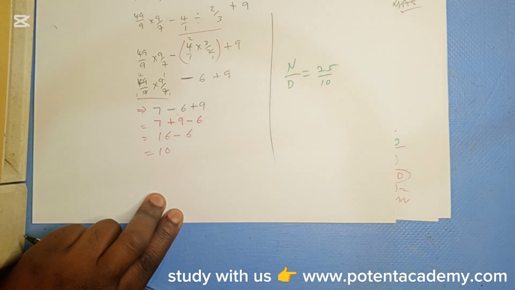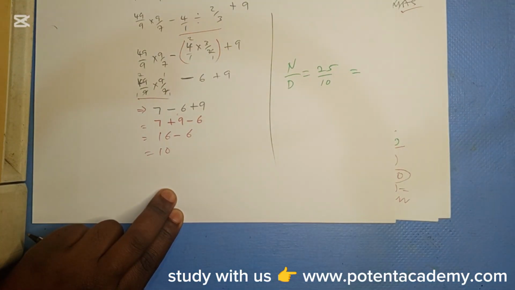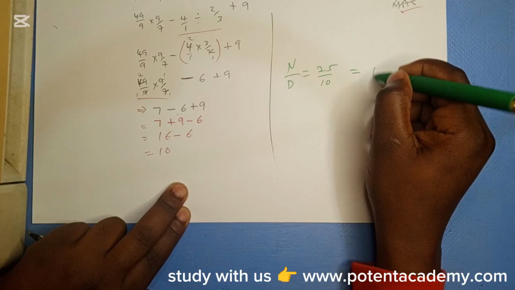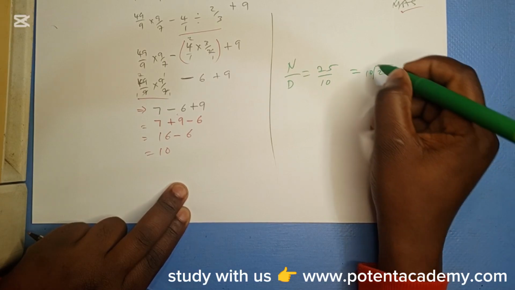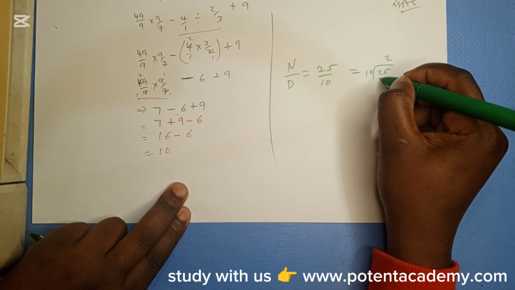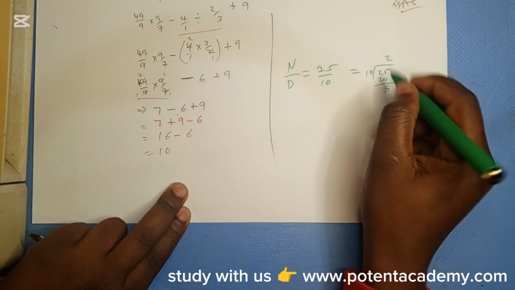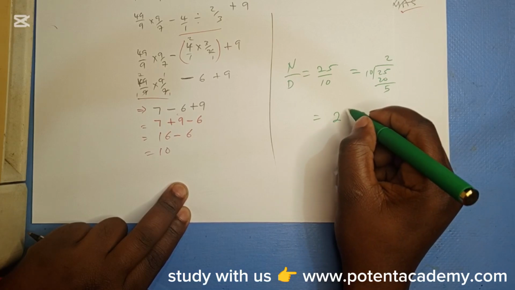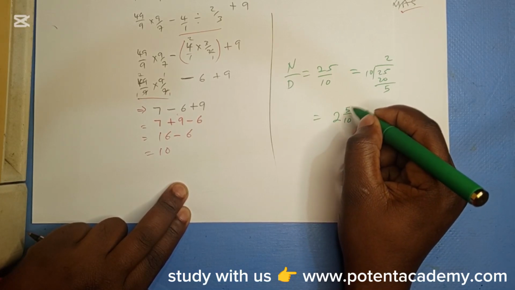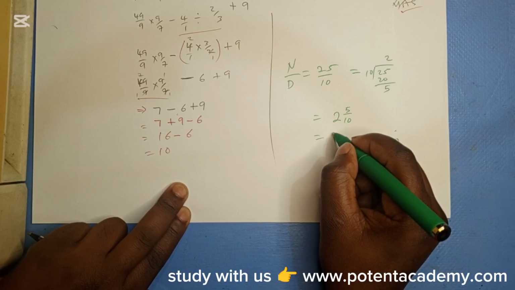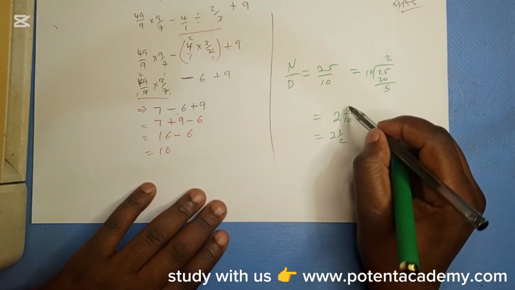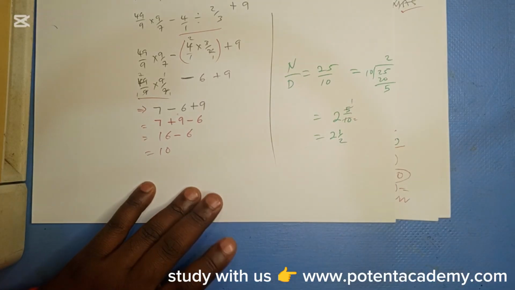Because you are not dealing with decimals, somebody would be tempted to say it is 2.5, but you can divide well. 10 into 25 goes twice, because of 20, then you have 5. So your answer is 2 and 5 over 10, which can be simplified further to 2 and a half, because 5 into 5 is 1, 5 into 10 is 2. So this is your answer.